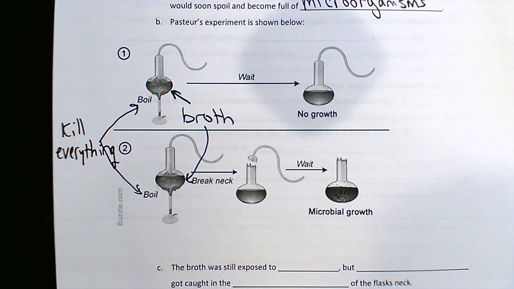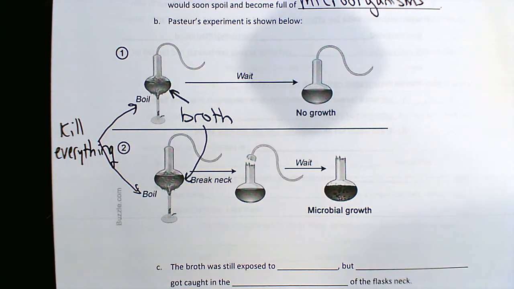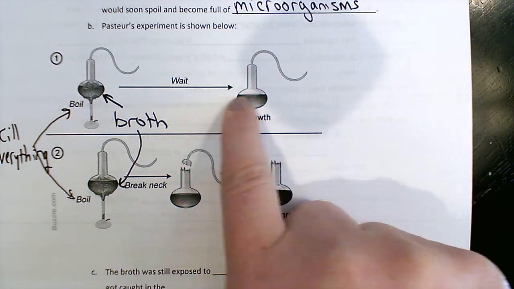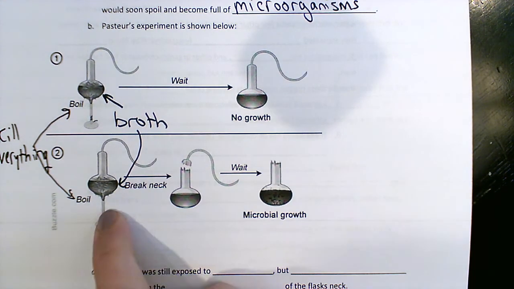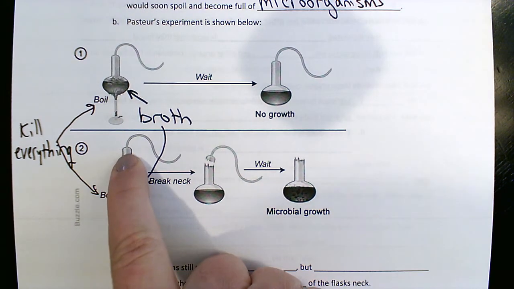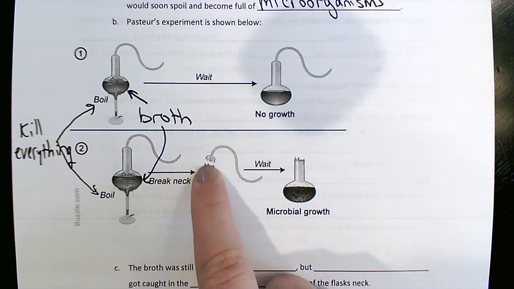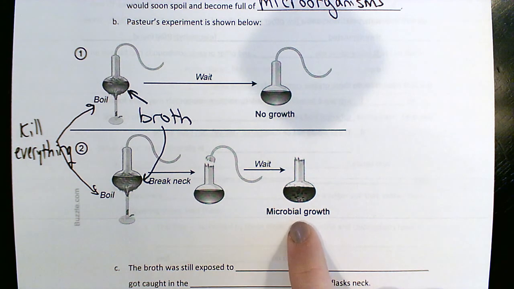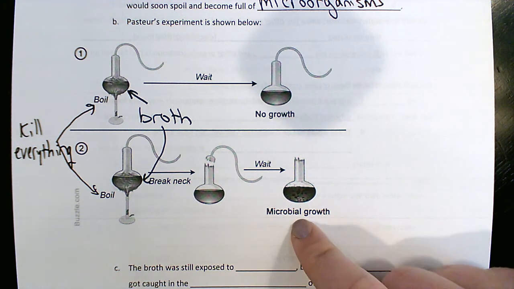All right, we're starting with broth that might have nutrients in it, might have like sugars and things, but it doesn't have anything alive in it. All right, so we boiled them both. Okay, this one, waited, no growth. This one, boiled it, killed everything inside, and then he broke the neck. Okay, so it has this opening to the world. And over time, it got all icky and cloudy and had that microbial growth in it.